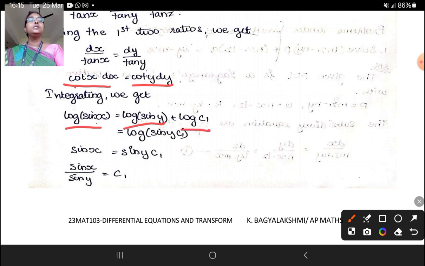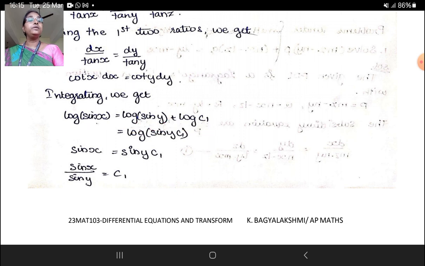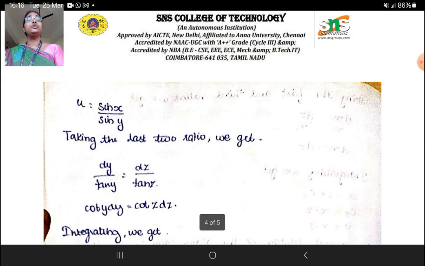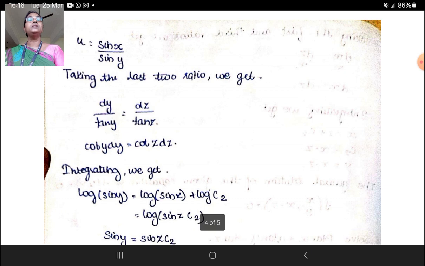Combining, sin x by sin y equal to c1, as in the previous sum. So instead of c1 we can note it as sin x by sin y.